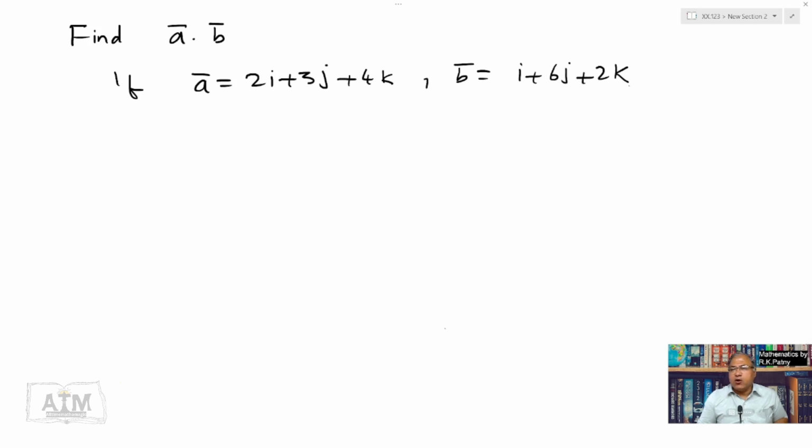Example: find A dot B if A equals 2i plus 3j plus 4k and vector B equals i plus 6j plus 2k. We need to find A dot B here.